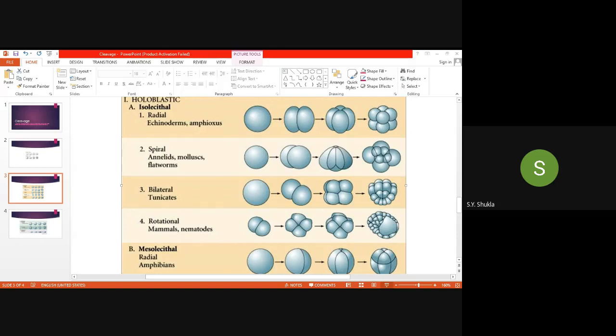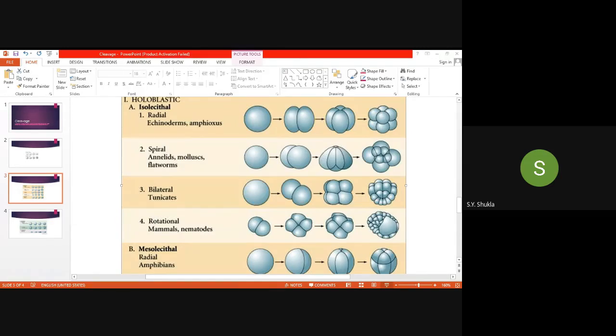So it is holoblastic cleavage, and it is a radial type of cleavage. The first is parallel, the second is parallel, and the third is perpendicular. Then again perpendicular, then again parallel, then again parallel.